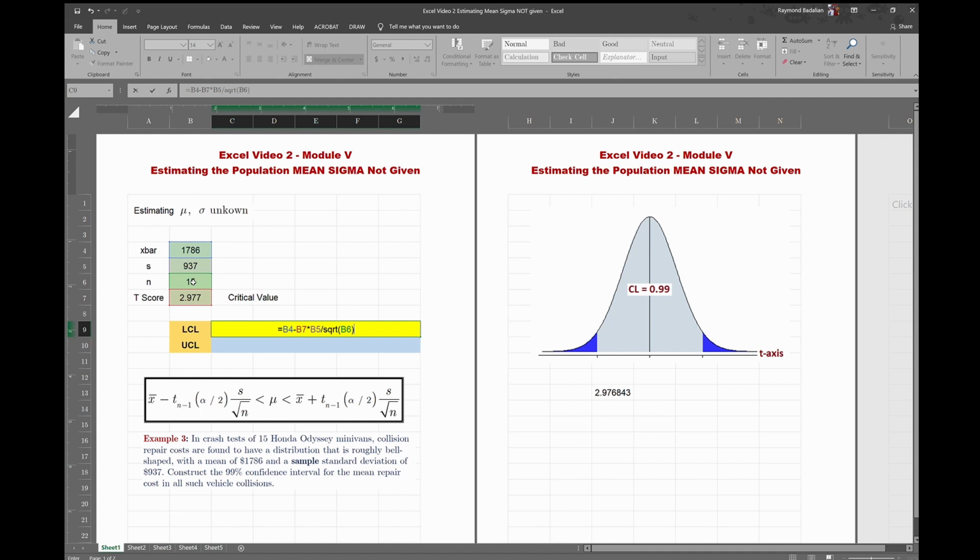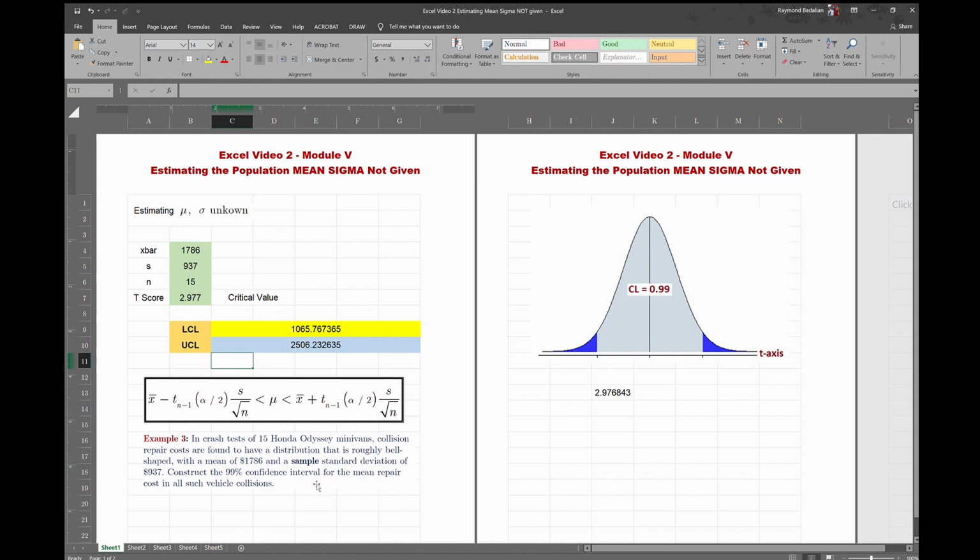That's how you type the lower confidence limit. Now the upper confidence limit: it will be x bar, but this time plus, not minus, the good old t-value times the sample standard deviation divided by the square root of n, which is 15. That's the upper confidence limit.